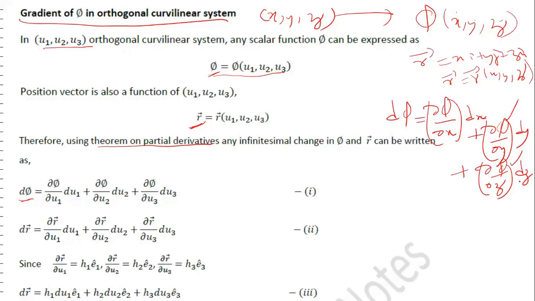So you can just follow the analogy here. In the case of the 3D Cartesian system, you can write the change in phi in terms of the u1, u2, u3 coordinate variables as this, and any change in dr can also be written like this, right?